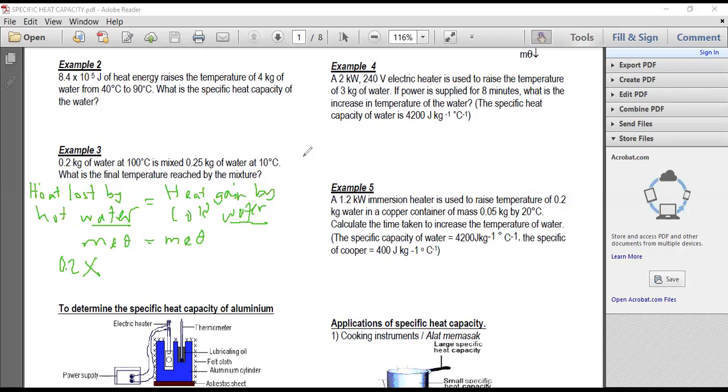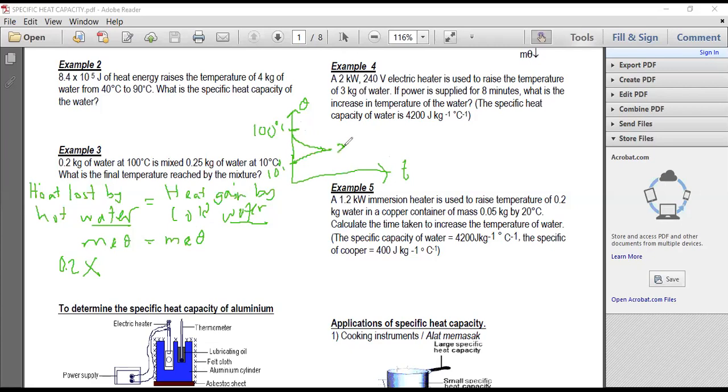Now how about the changes in temperature? If you look at the graph of temperature against time, the hot water was 100 degrees Celsius, whereas the cold water is 10 degrees Celsius. So what's going to happen is the hot water temperature will reduce, the cold water temperature will increase until they reach thermal equilibrium, that means the same temperature.